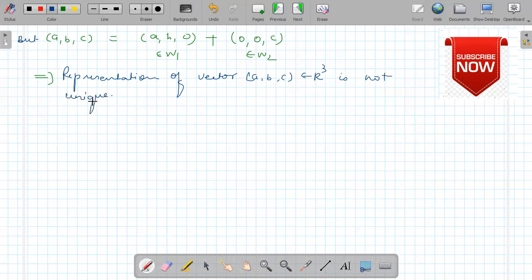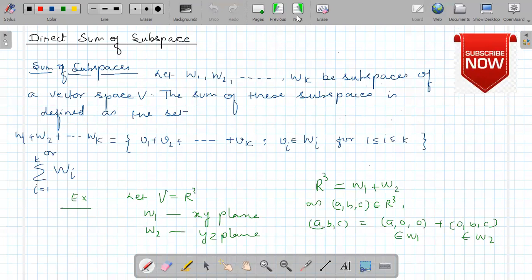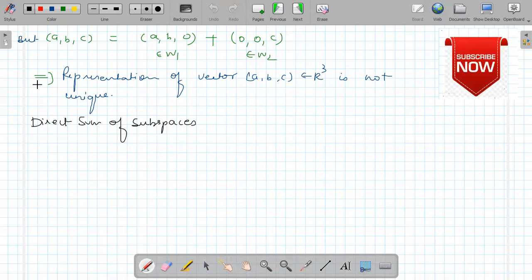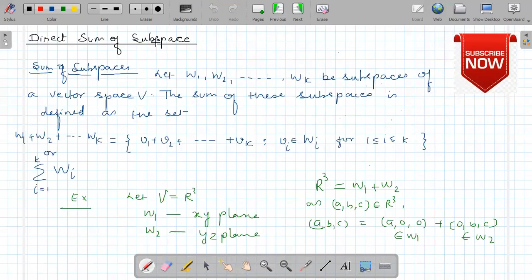So we should have some condition to have a unique representation of the vector ABC, and that generates the definition of direct sum of subspaces. So we now define direct sum of subspaces. Because the representation of this vector is not unique, you saw that you are writing ABC in two ways, right? So for unique representation we will have to add some more conditions in the definition of sum of subspaces.